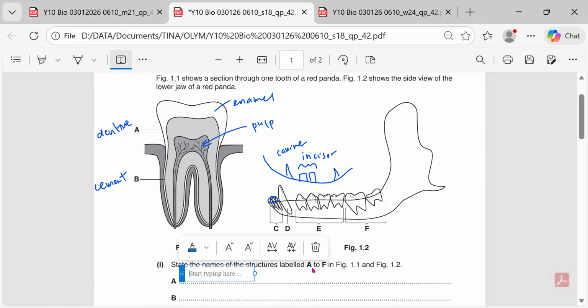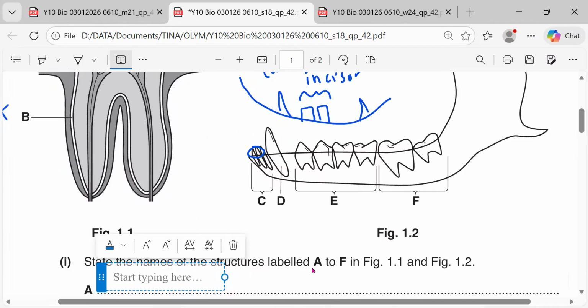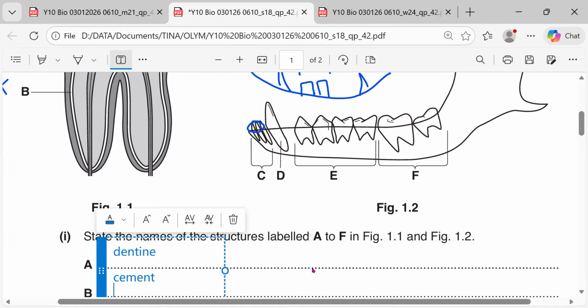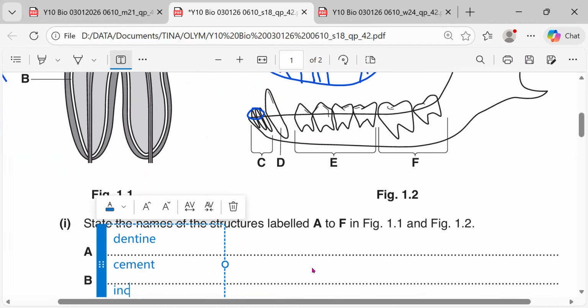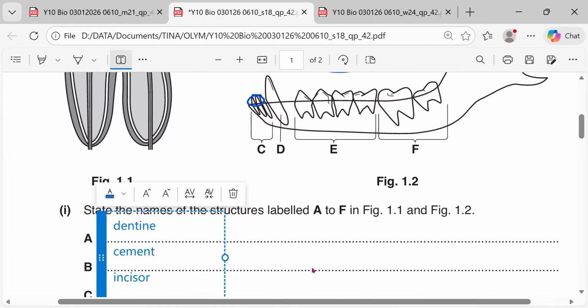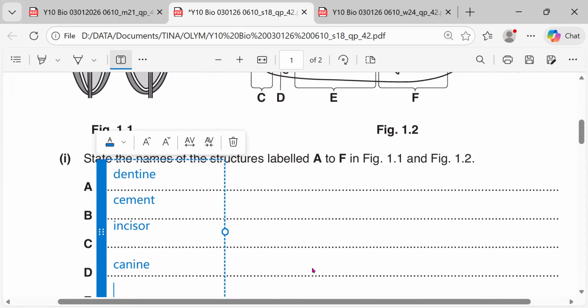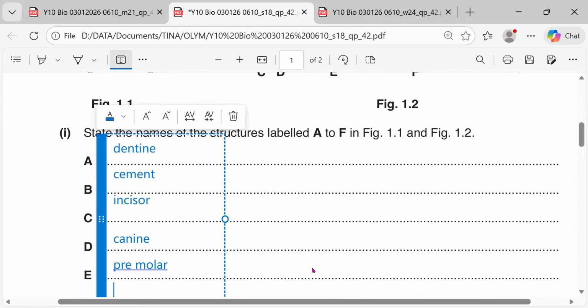So A is dentin, B is cement, which glues the tooth in place. C is incisor. D is canine. And then premolar and molar. The biggest one is molar.